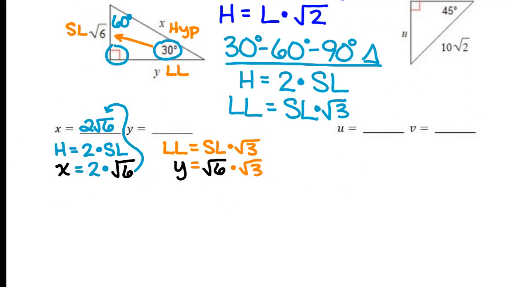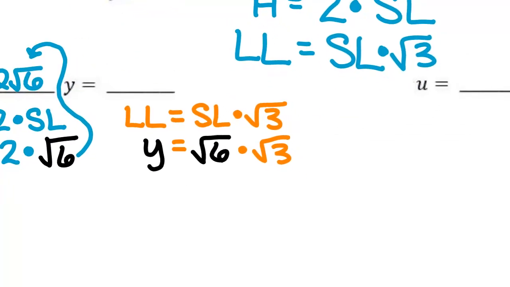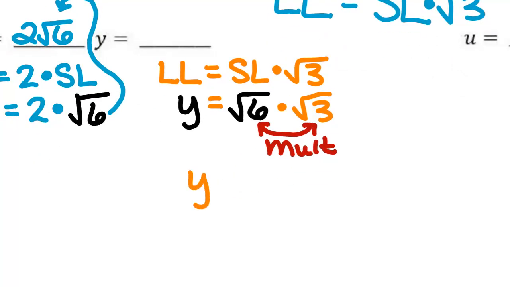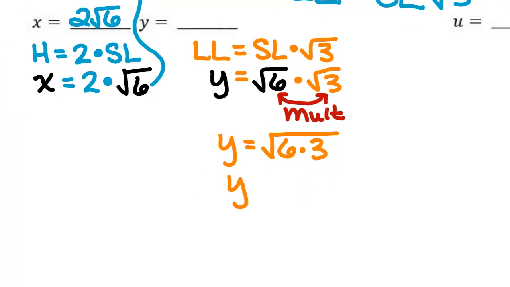When we have two numbers that are both under their own separate radicals and they're being multiplied together, we take those two numbers and we multiply them together underneath the radical. So this would be y equals the square root of, and then we multiply 6 and 3 together here. What is 6 times 3?